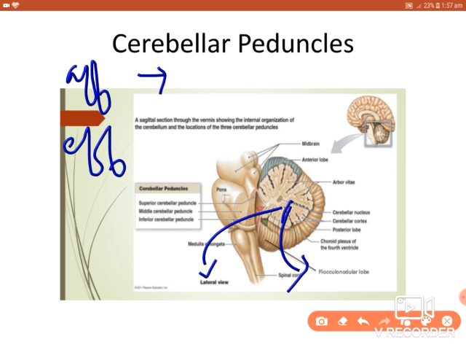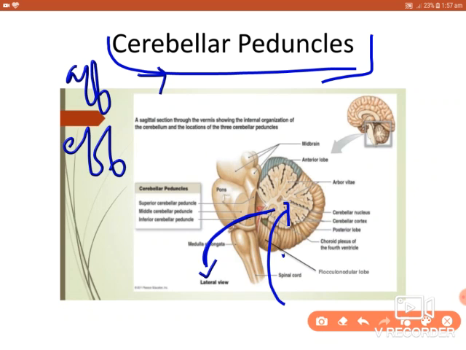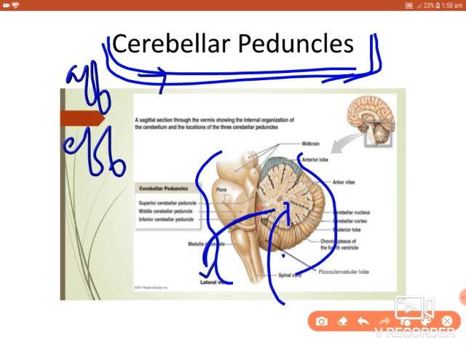The fibers entering and leaving the cerebellum pass through the cerebellar peduncles. So this afferent and efferent fibers form thick bundles of the cerebellar peduncles, which is of white matter. So the cerebellar peduncles connect this brain stem to the cerebellum.